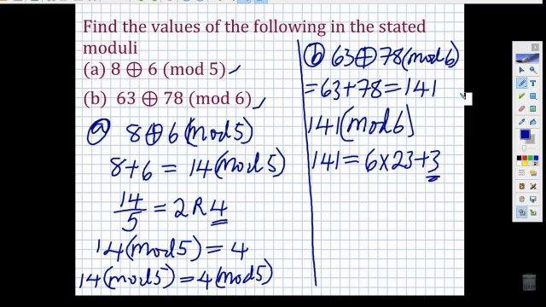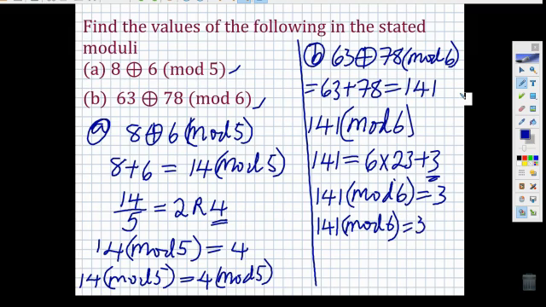So 141 mod 6 is equal to 3, or we can simply say that 141 mod 6 is equal to 3 mod 6. So 3 is the correct answer. That is how to simplify problems on modular arithmetic.